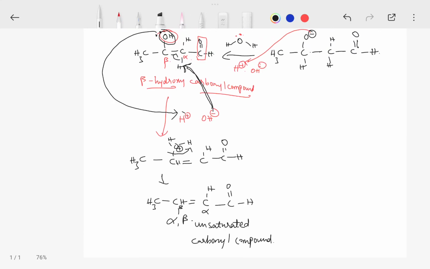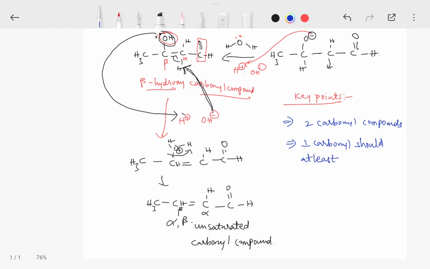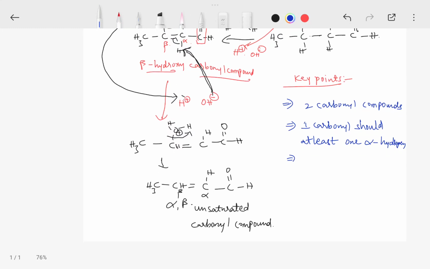So what we studied here in the aldol condensation reaction, key points if we take: see, two aldehydes or two ketones, two carbonyl compounds we have taken. Then one carbonyl should have at least one alpha hydrogen. Then here the base is a dilute base.